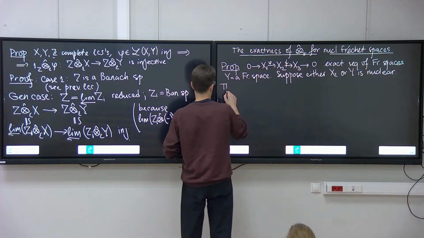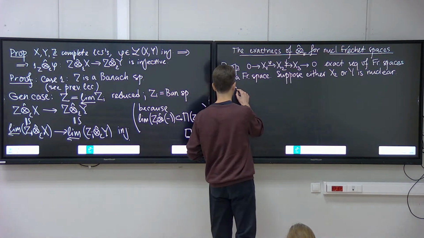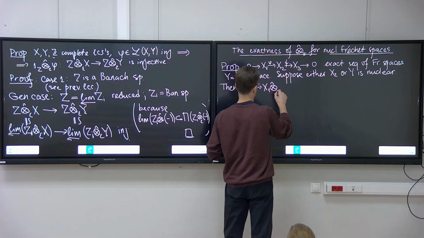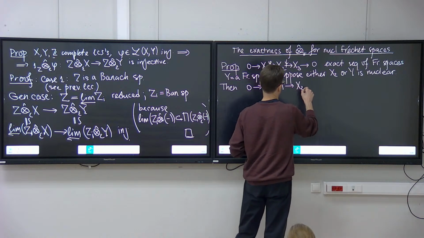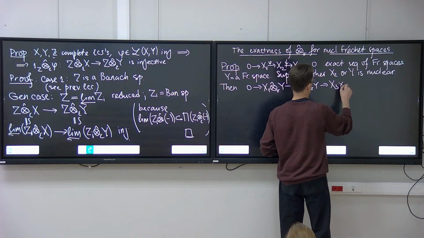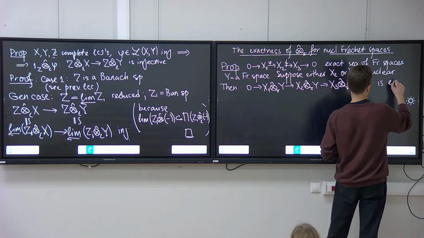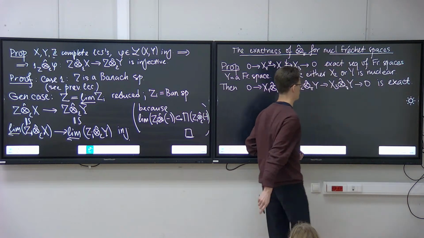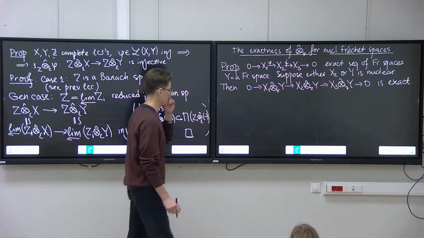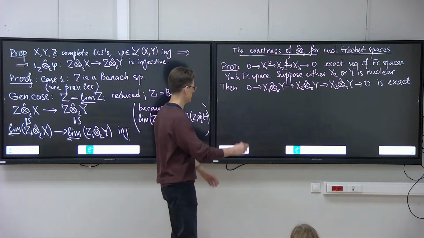I claim that if we consider the tensor product of this sequence by Y, then the resulting sequence will be exact. This is a useful result, and it has many applications in neighboring fields of mathematics.